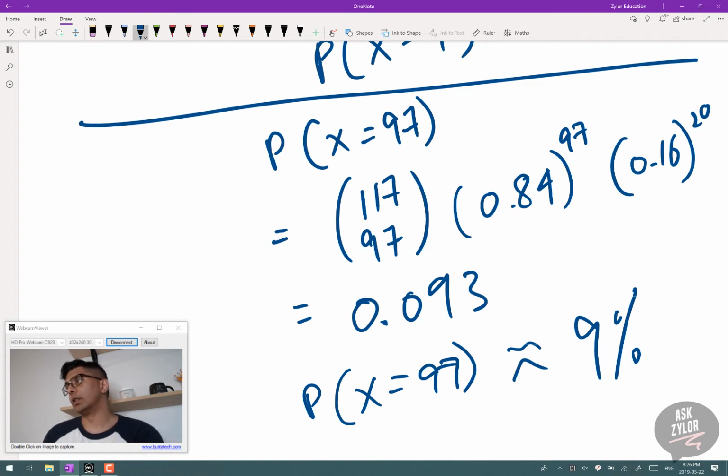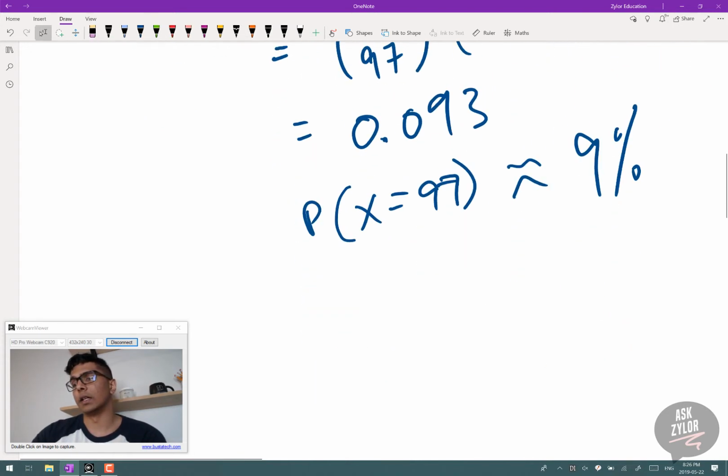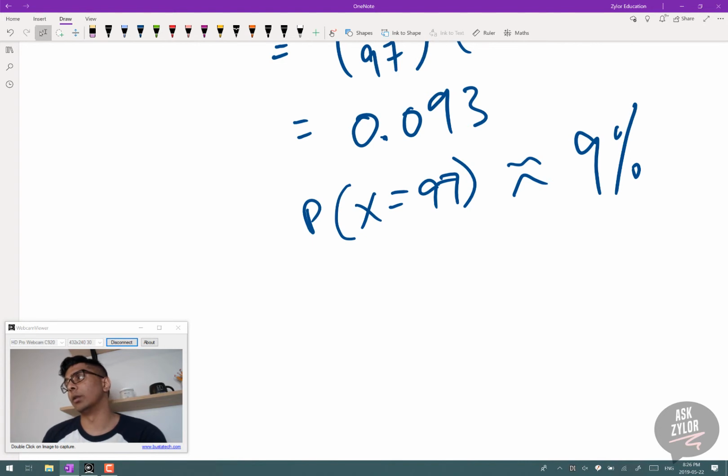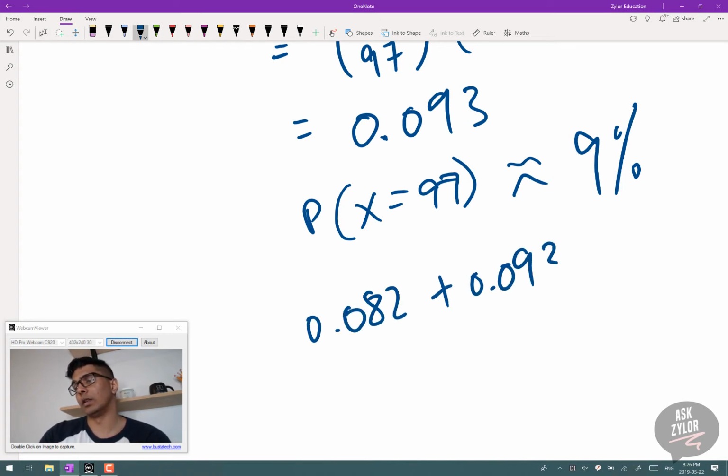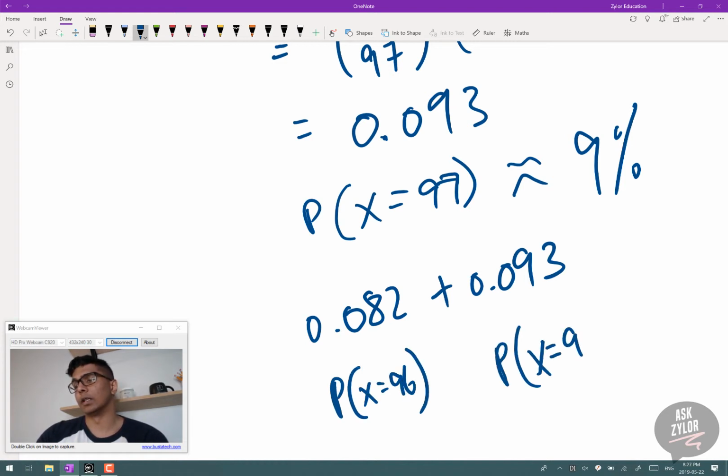So that's for each of 96 and 97, but the question is asking for the probability that 96 or 97 ants weigh less than 256. We found each of the probabilities, so what we have to do is just add them together. So we have 0.082 plus 0.093. This is the probability that x is equal to 96 plus the probability that x is equal to 97.